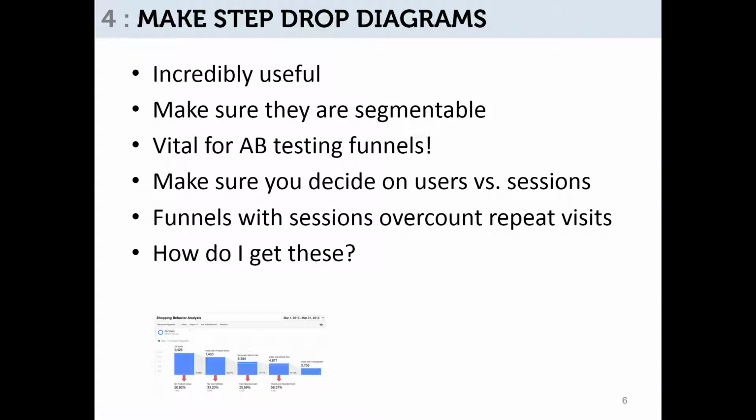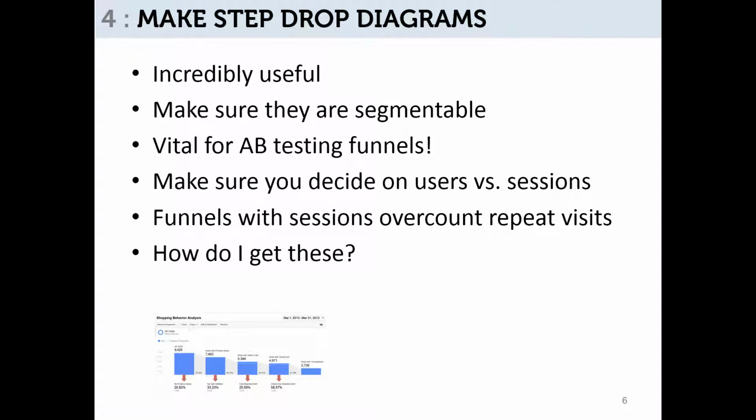Most people are used to a session-based model, and what happens here, if you have a funnel that has 5 steps, but people frequently come back to steps 1 and 2, maybe because you don't save their data, you time them out, you force them to fill out all the same form fields over again, even if they go away for a 5-minute coffee break, well, you're going to overcount the number of users that are actually at the start of that funnel, because you're counting the sessions that arrived.